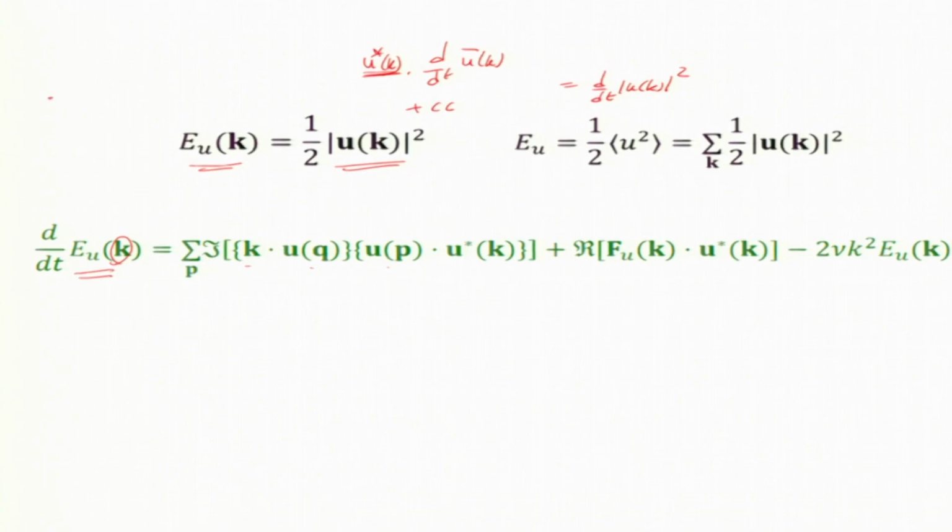We also make a triad like that, k p q, where p plus q is equal to k. Here this k mode is getting energy from u p and u q. So, u p is giving energy to u k.